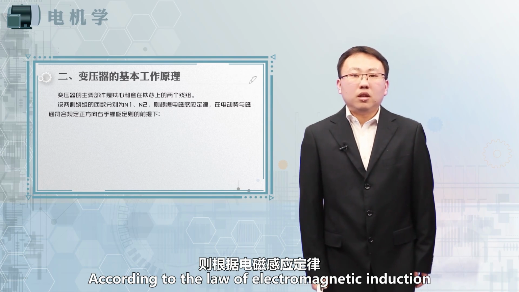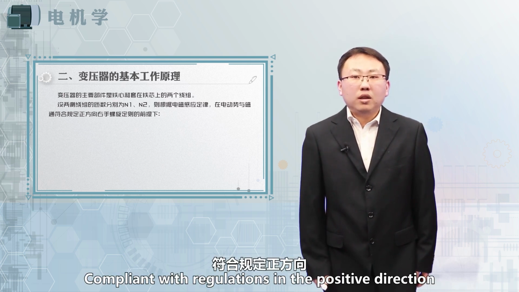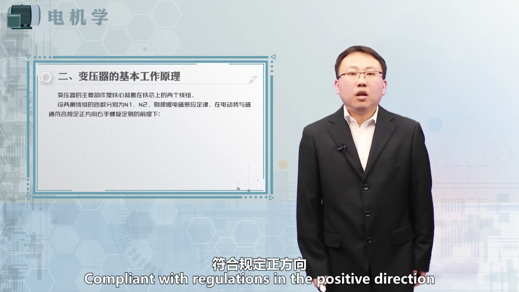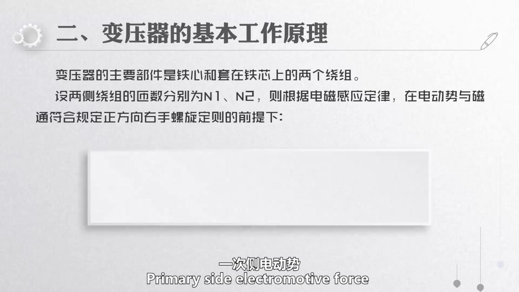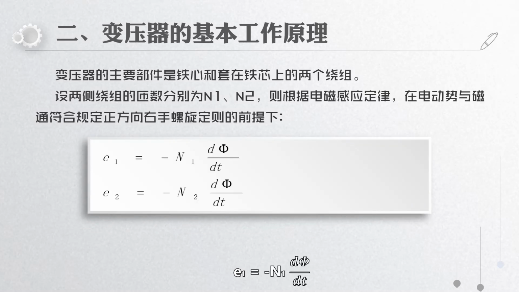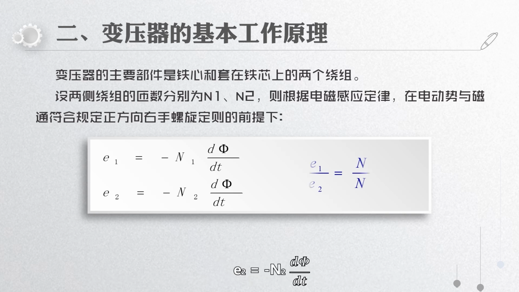According to the law of electromagnetic induction, with electromotive force and magnetic flux in the positive direction, under the premise of the right-hand spiral rule, primary side electromotive force E1 equals minus N1 times d phi divided by dt, and the electromotive force on the secondary side E2 equals minus N2 times d phi divided by dt.